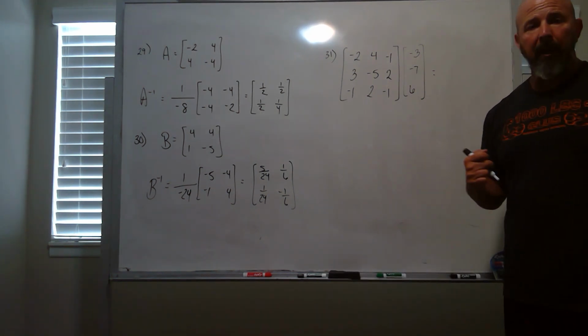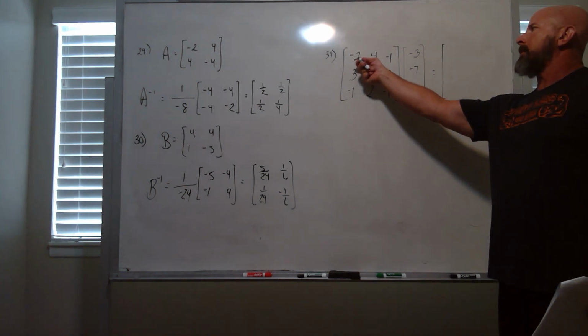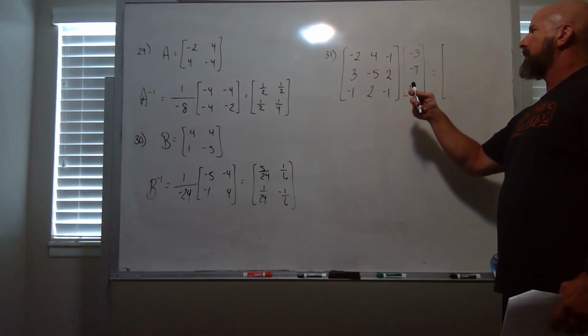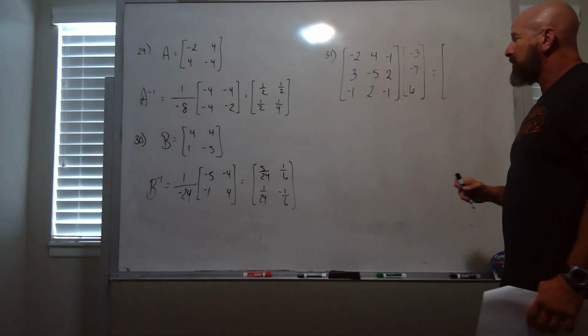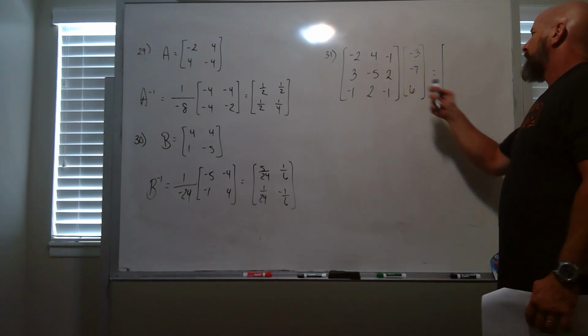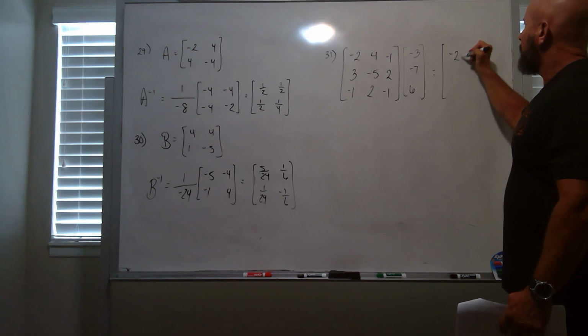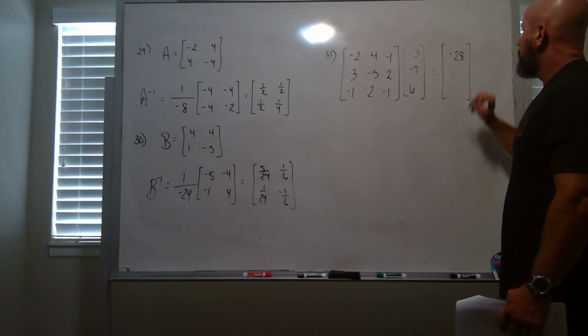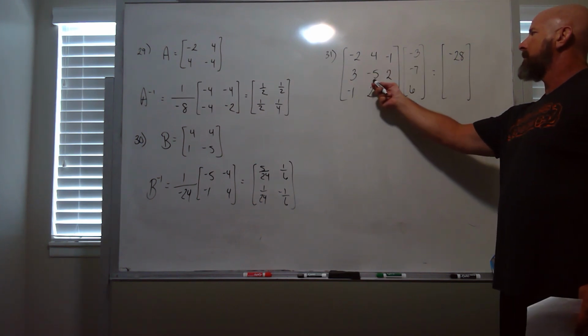So again, I'm multiplying row times column. So I get negative 2 times negative 3, that's 6. There's negative 28, so 6 minus 28 is negative 22. Minus 6 is negative 28. 3 times negative 3 is negative 9.